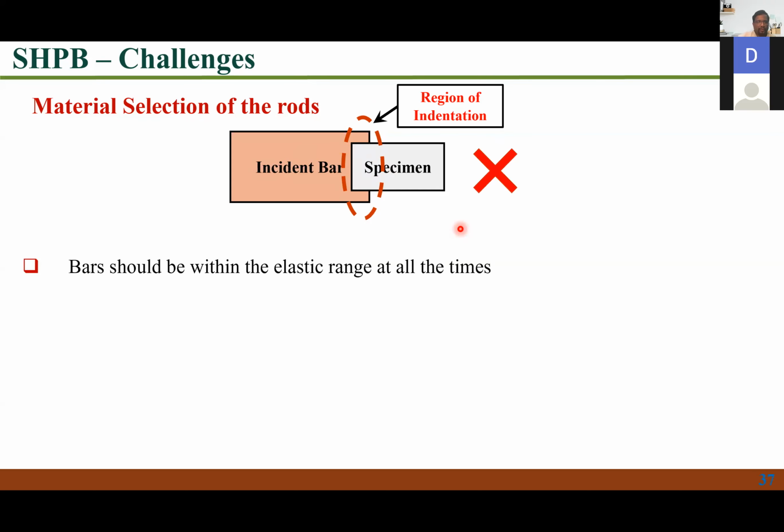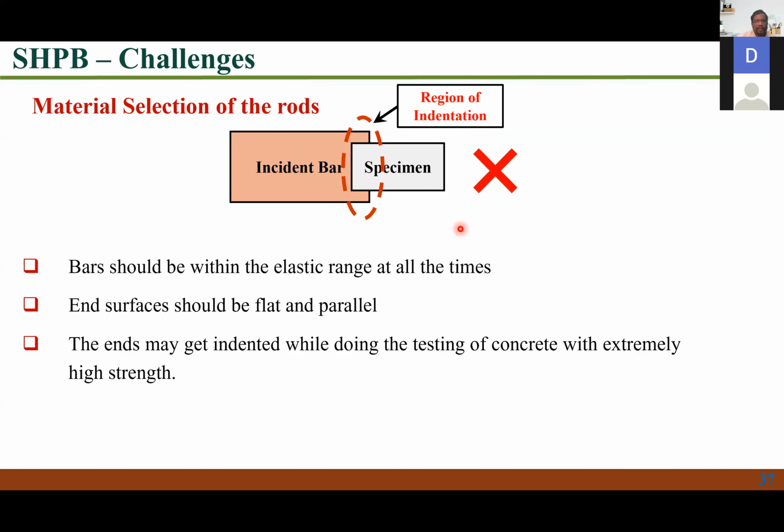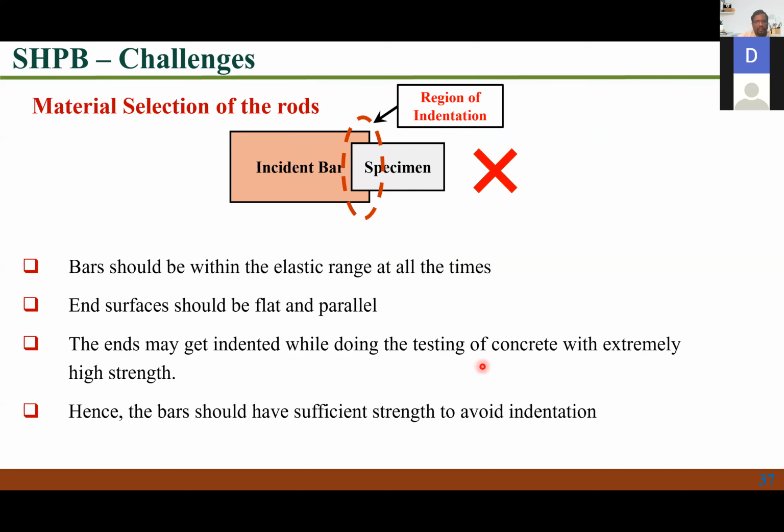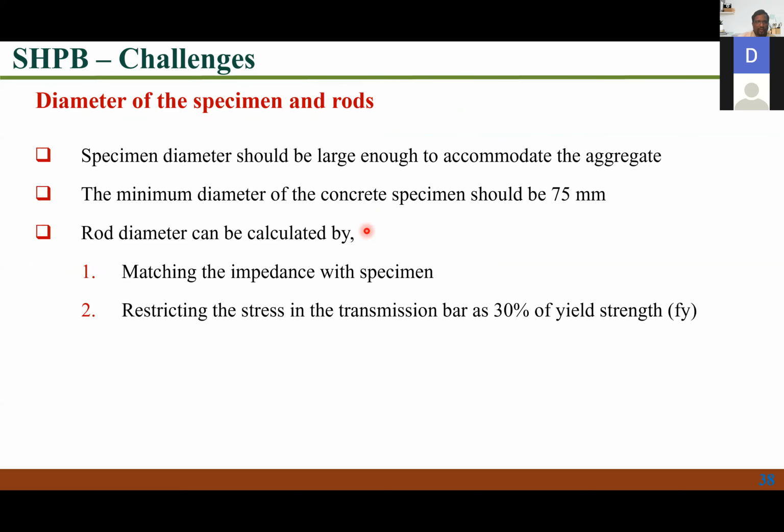So that is not allowed. So the bar should be within the elastic range at all times. End surfaces should be flat and parallel, and if I do repeated impact tests, then the end surfaces may get indented while testing concrete with extremely high strength. So the bar should have sufficient strength to avoid indentation. So that is one thing that we need to make sure.